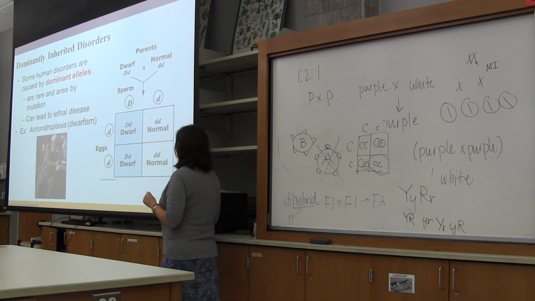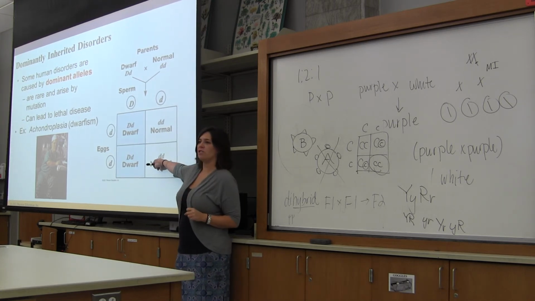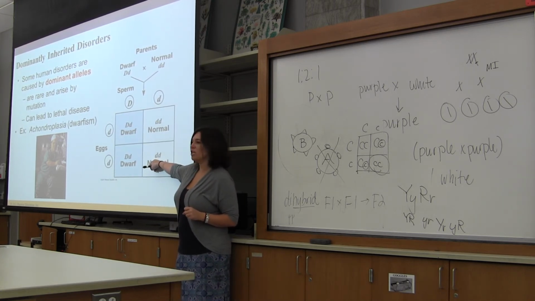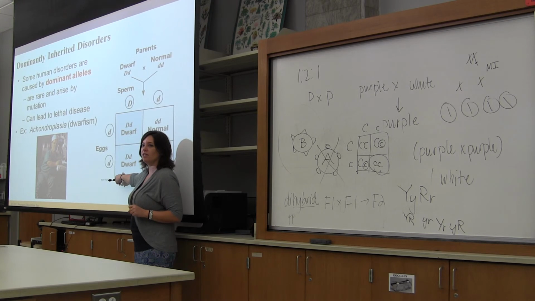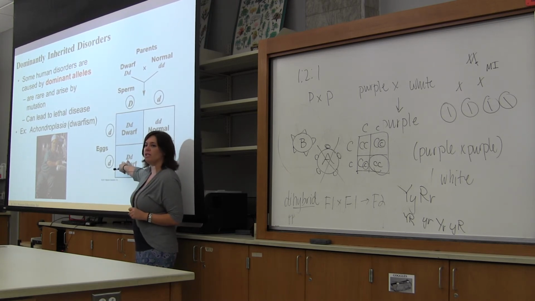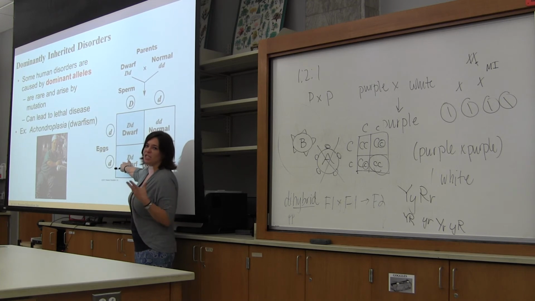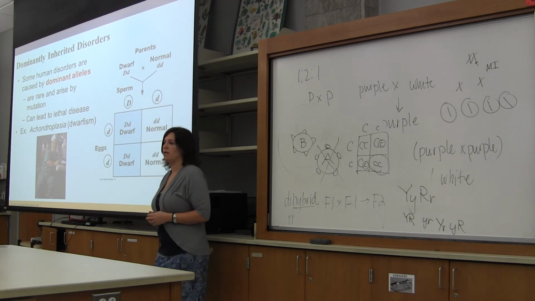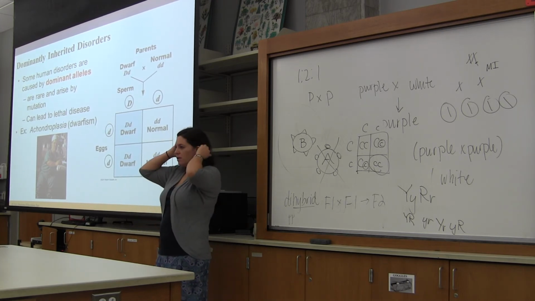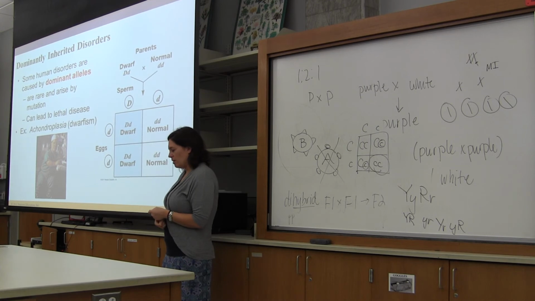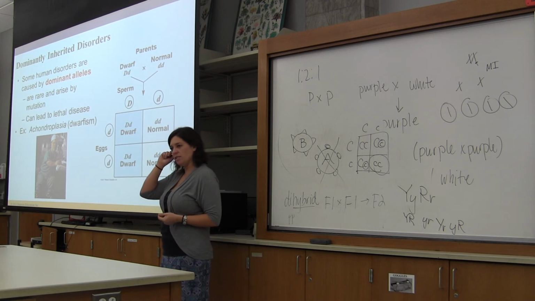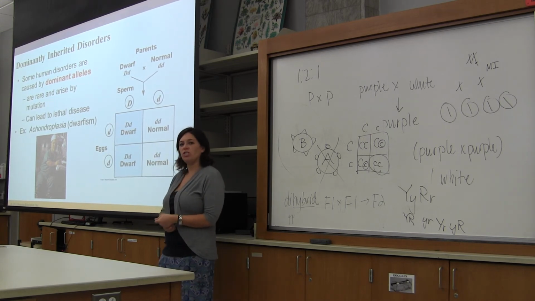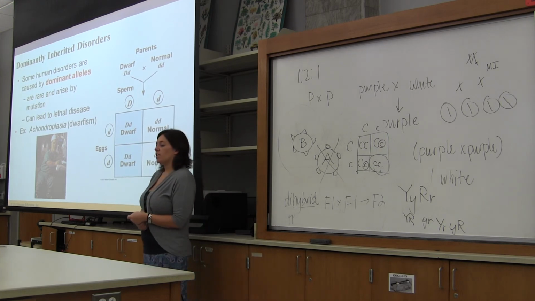I know it gets a little confusing because we would think that the homozygous recessive would be what's giving you the disease, but it's actually because this dwarf trait is dominant over normal, that's why we give it a capital D, even though it's the condition that we're looking at. So for the dominant disease, you only need 1 copy of the gene, and for the recessive you need 2 copies. Exactly. 1 copy of the mutated gene in the dominant inherited disease and 2 copies of the mutated gene in a recessively inherited disease.